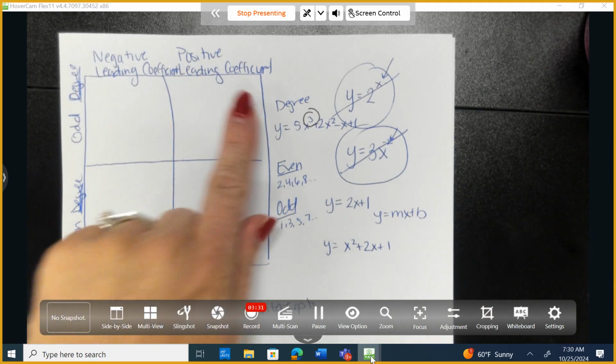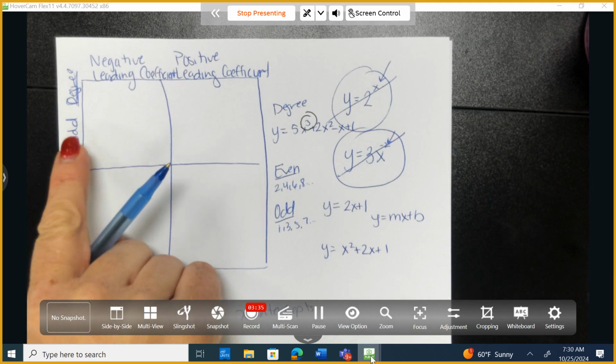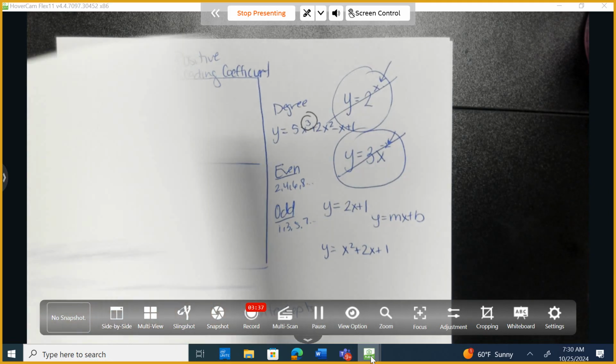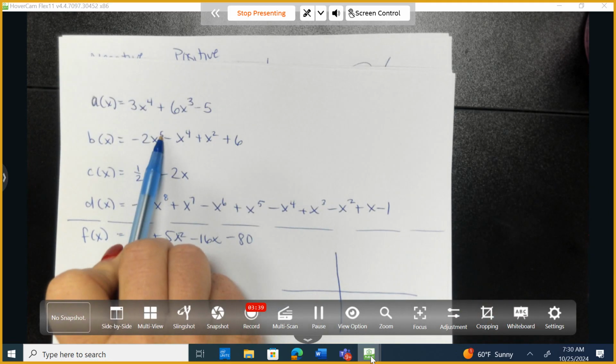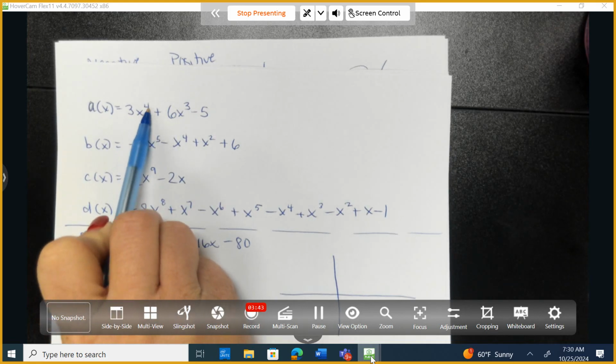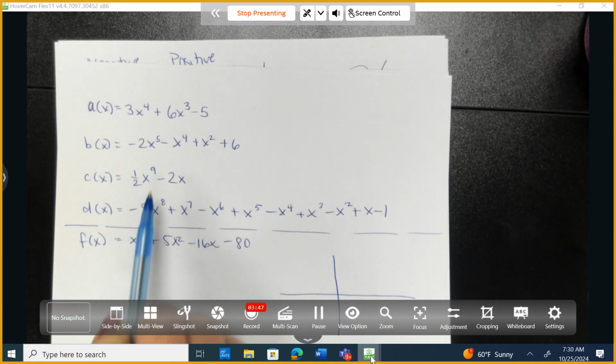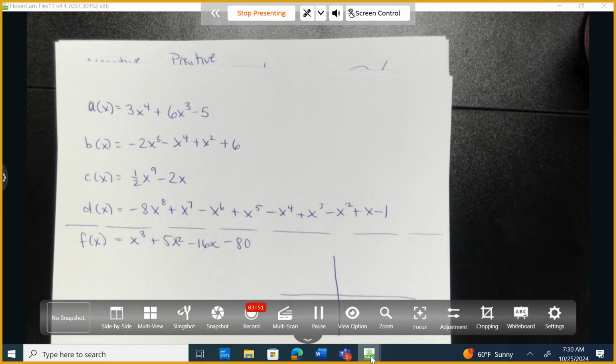So in this column, moving from left to right horizontally, if something is odd degree, it's going to be an example. This is odd degree. 5 is the degree, it's an odd number. This is even degree. 4 is an even number, it's degree 4. This is degree 9, it is odd. This is degree 8, it is even. Thumbs up or thumbs down if that makes sense to you.